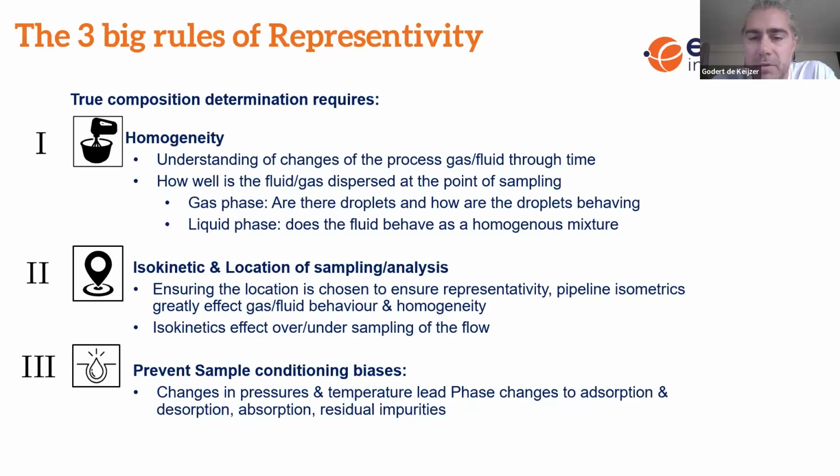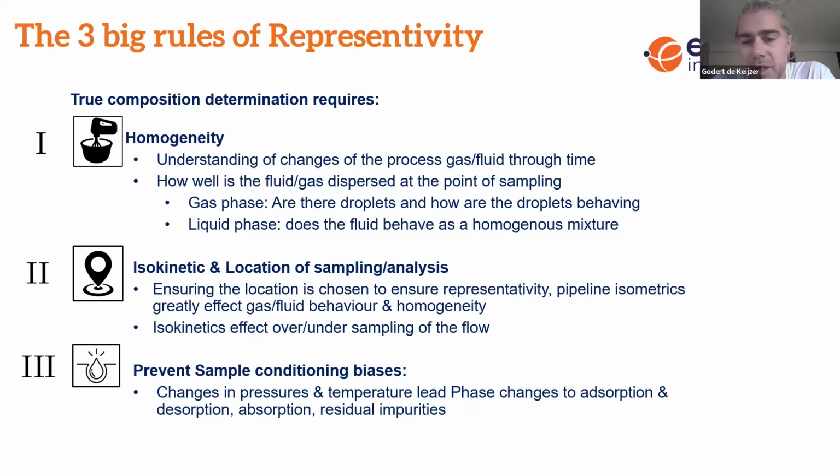Even when we're talking about fluid and gas, often the expectation is that they behave as a homogeneous stream. But even in gas phase, there can be droplets, there can be differences in density, and in liquid phase, you can see the same effects. And if you don't take those into account, you might not take out a representative sample of what flows through the pipeline through time or at a specific moment in time.